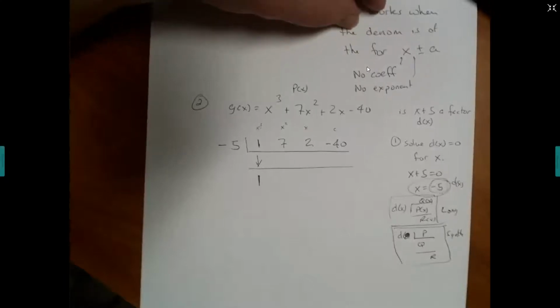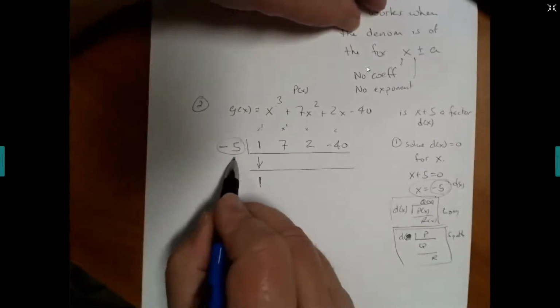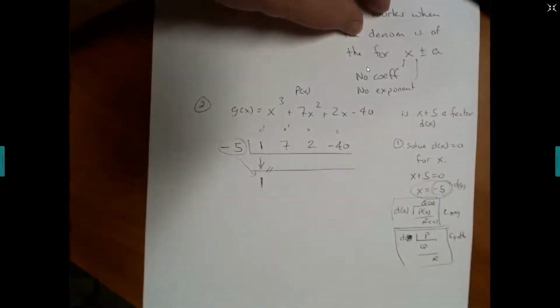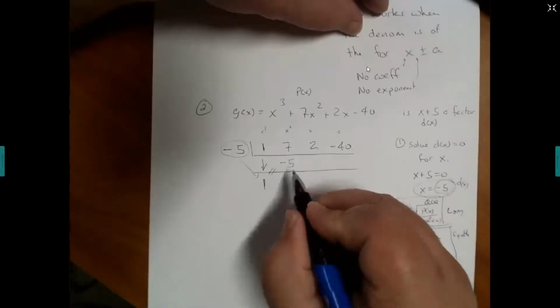Only thing left now is a process of multiplication, addition, multiplication, addition. Take this number, multiply it by what's down here, and put it there. So -1 times 5 is -5.